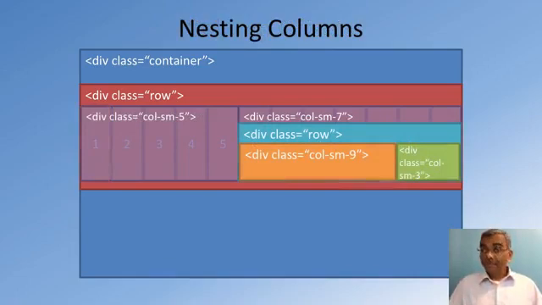Bootstrap goes even further by allowing you to nest content inside divs. For example, if you specify two divs with col-sm-5 and col-sm-7, the two contents will be laid out as seen here. Now inside the right div, I can again go in and divide that div's width into a row, and that row will automatically give me another 12 columns for that part of the screen.